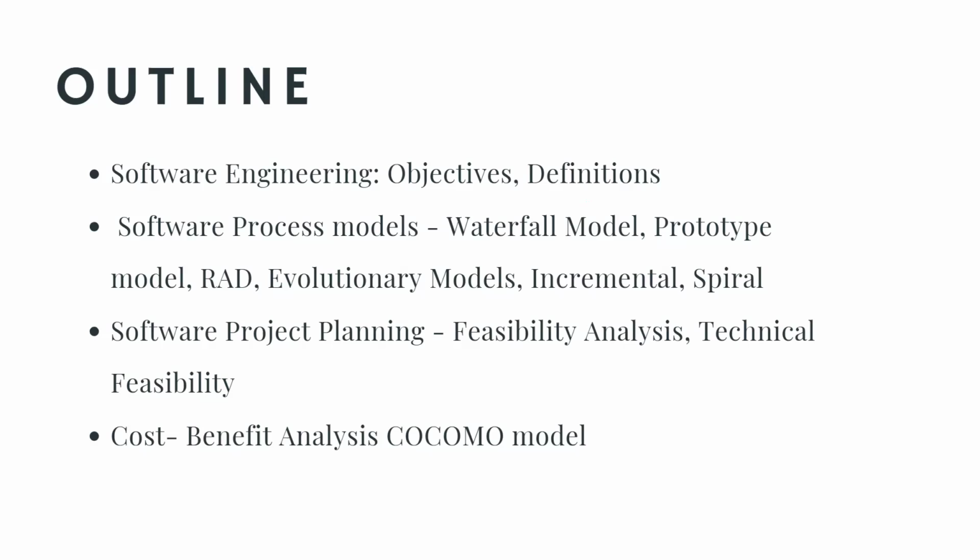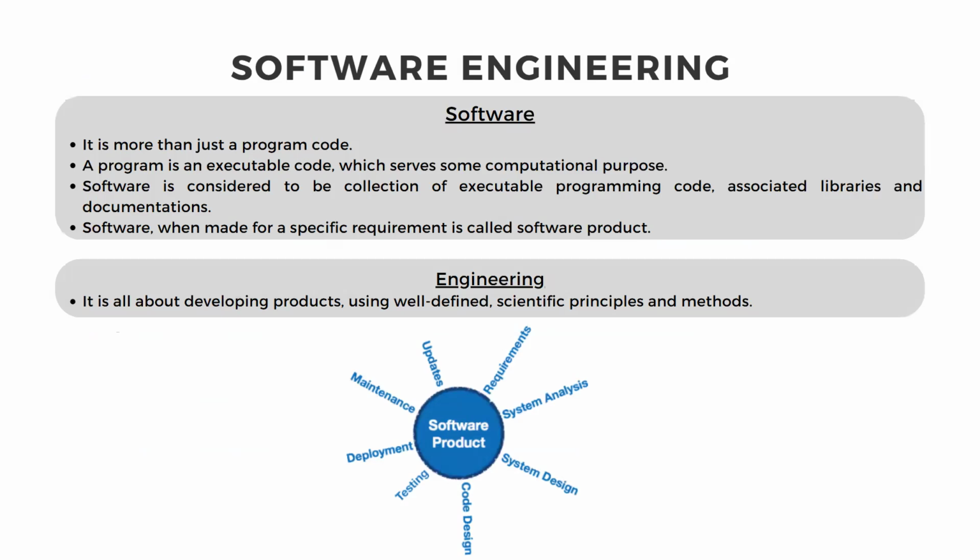So before we start with this subject, let us understand what these two words, software and engineering, mean. Software is more than just a program code. It is actually a complete set of executable instructions, associated libraries, and documentation.